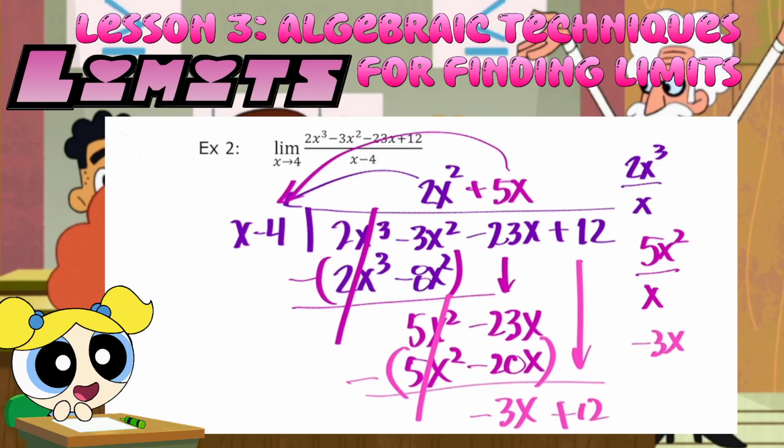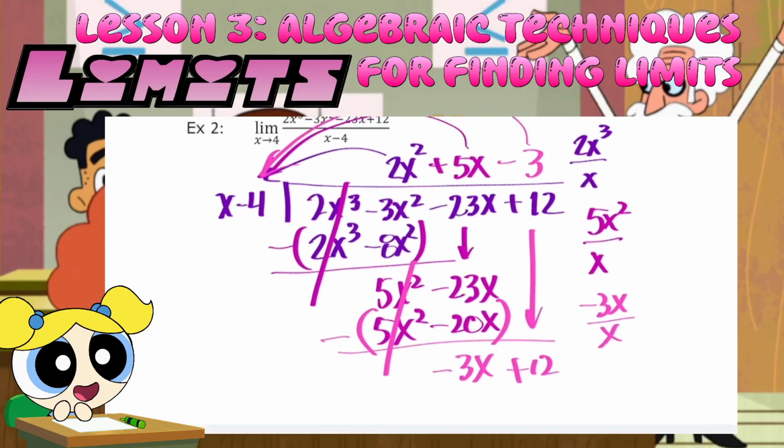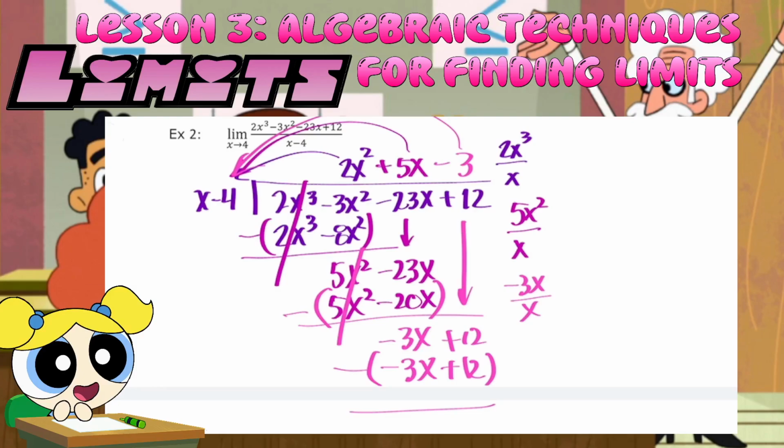Negative 3x leading term divided by x leading term is negative 3. Multiply that guy by that right there. Negative 3 times x minus 4 is negative 3x plus 12, parentheses, minus sign, underline, and cancel. And then 12 minus 12 is 0. That's my remainder. It divided evenly.